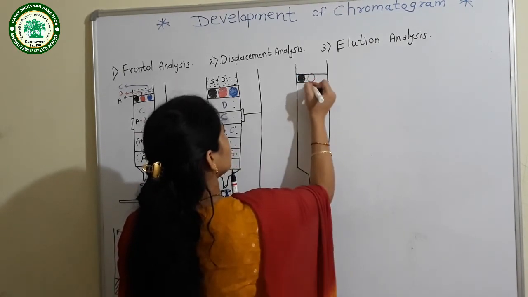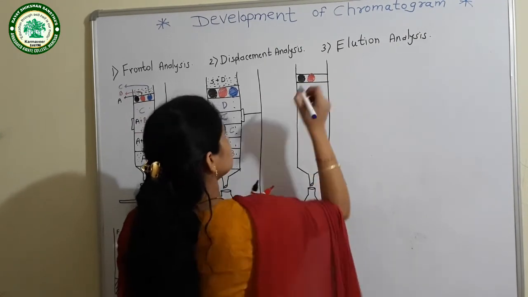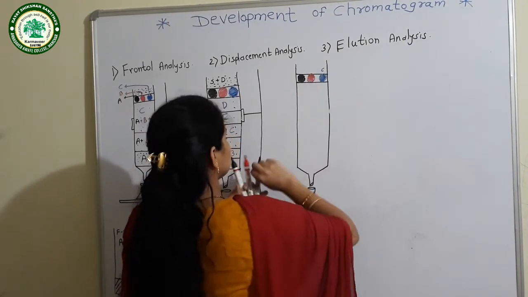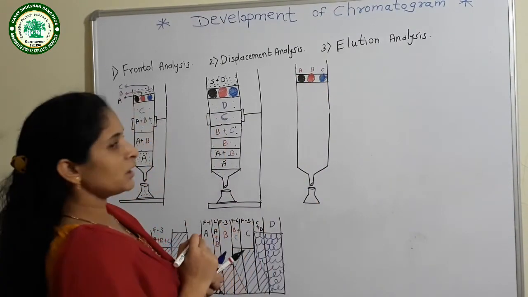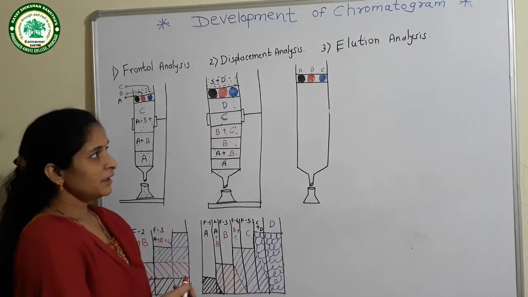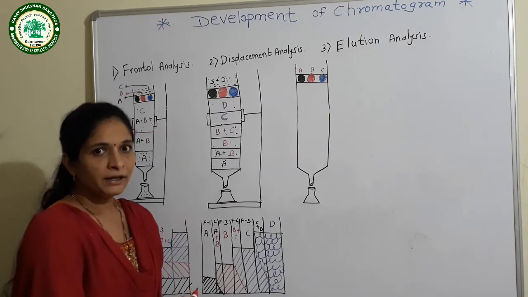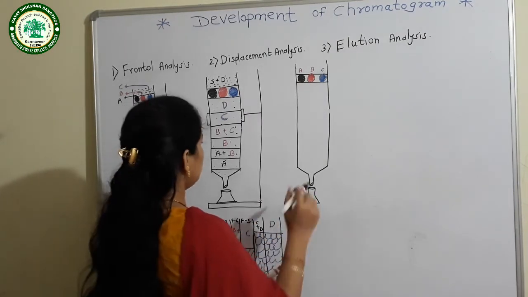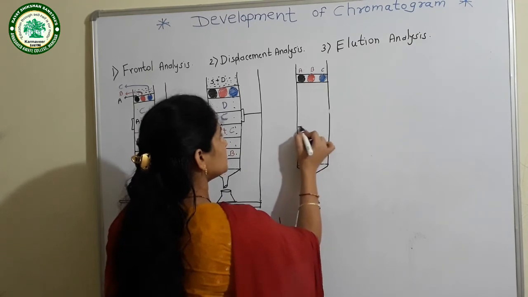Second is the red component, which is B, and third is C. Now this elution analysis gives a good result, because in elution analysis we get all the components in well separated form. Now see the diagram of this column, how the separation is taking place.